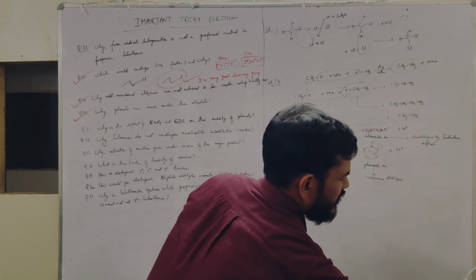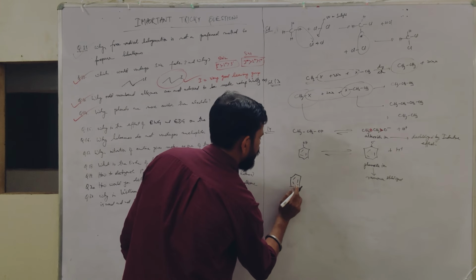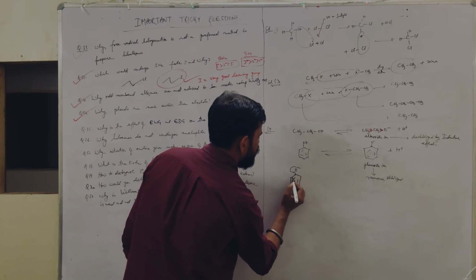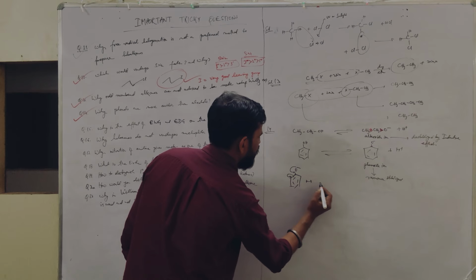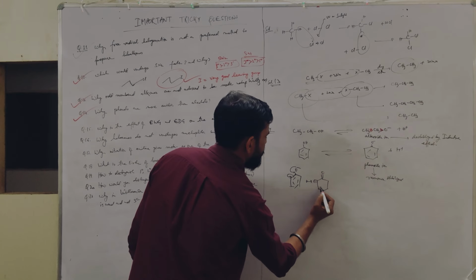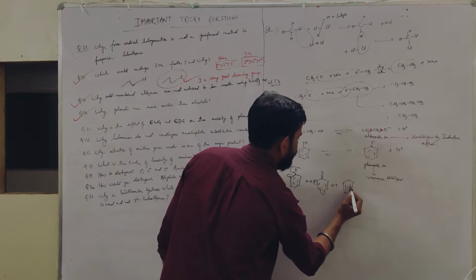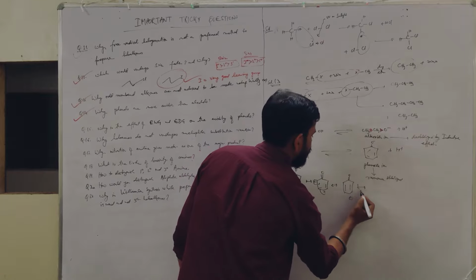So to show resonance, let us see the resonance here. This electron will come here, it will come there, and it will form a double bond and the negative charge will move.